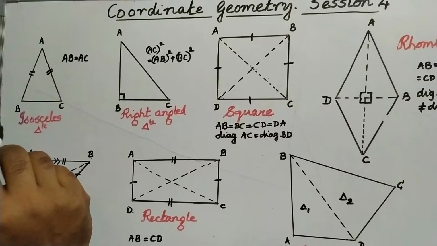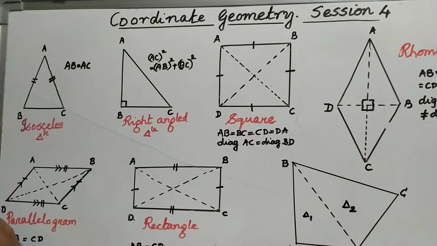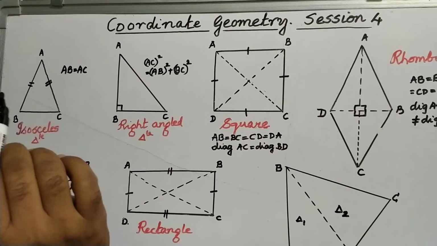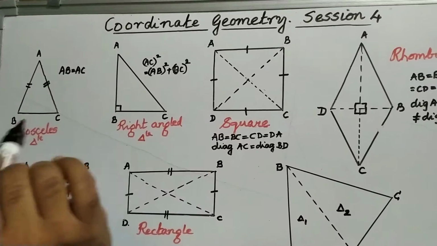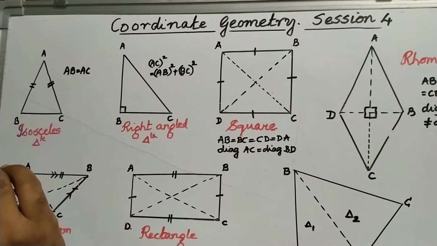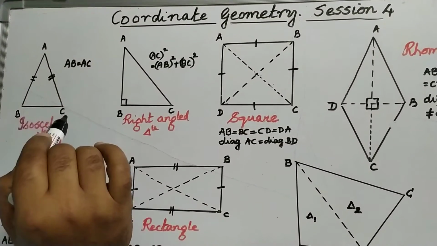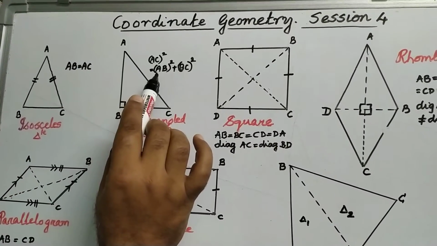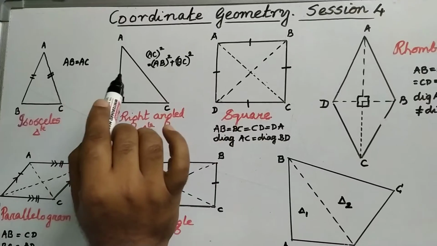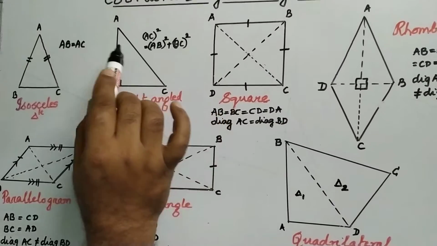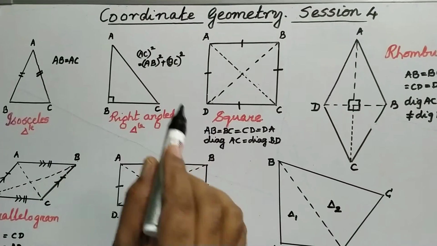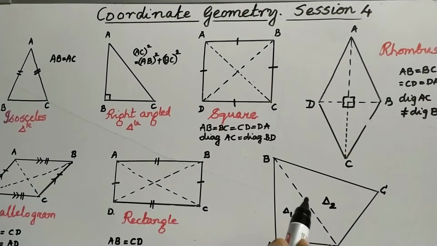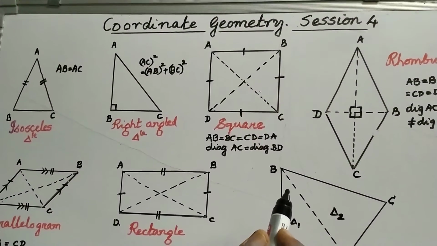Meaning, if the Pythagoras theorem is proved, then the three vertices form a right-angled triangle. In this example, AC square is equal to AB square plus BC square. If that is proved, then A, B and C form the vertices of a right-angled triangle.